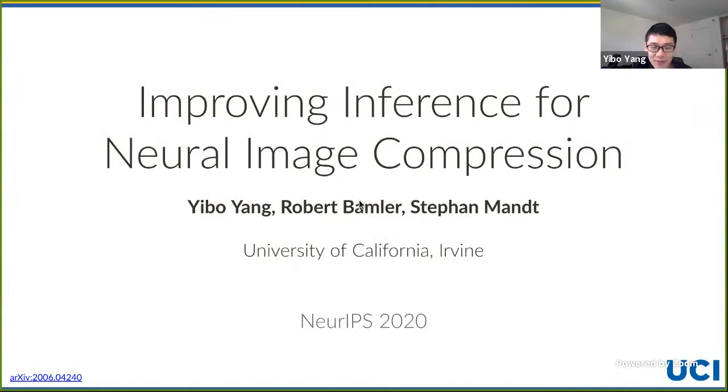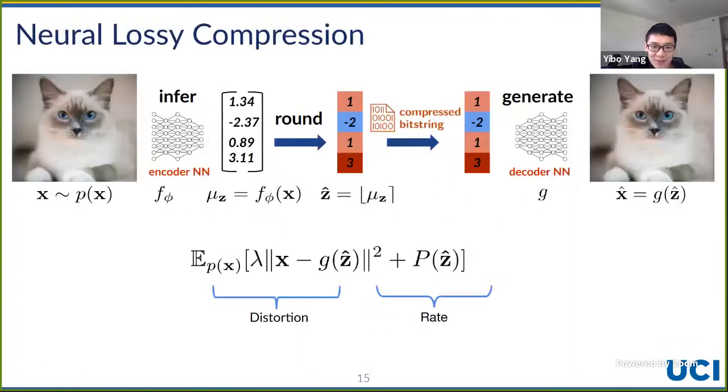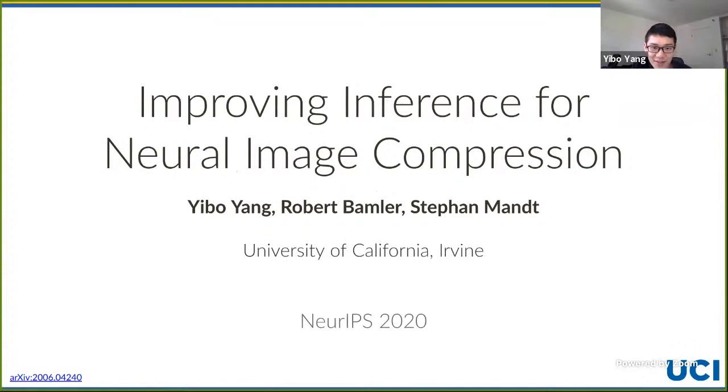So now I'm going to go over my recent work and see how this idea of lossy compression and generative modeling interplay, and how we can improve lossy compression with ideas from generative modeling. This is work from NeurIPS last year.